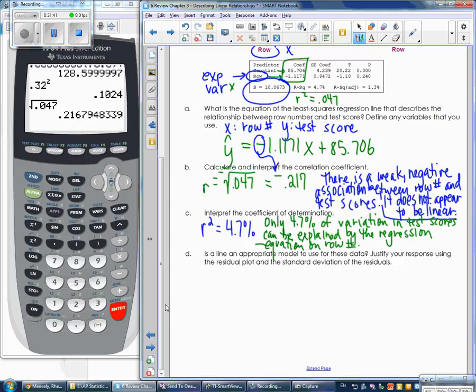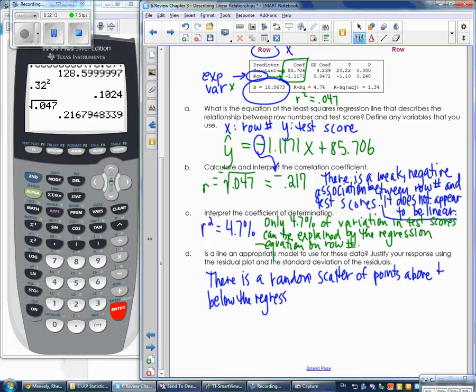So despite the fact that there's a random scatter of points above and below the regression line, the actual residuals are 20 above and 20 below.